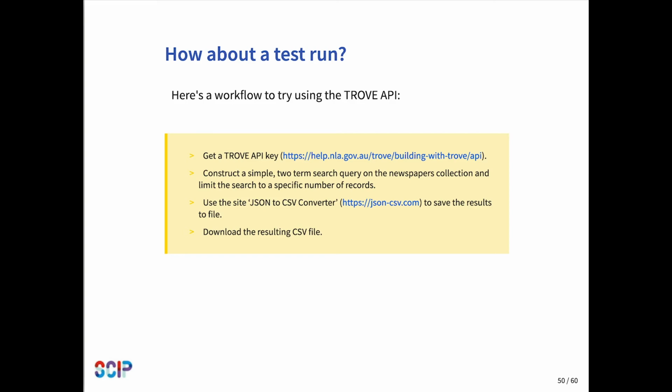One way too, once you've had the results returned in a JSON format, it's quite easy to paste that URL straight into a JSON to CSV converter, and that other website allows you to download the file straight to your computer.